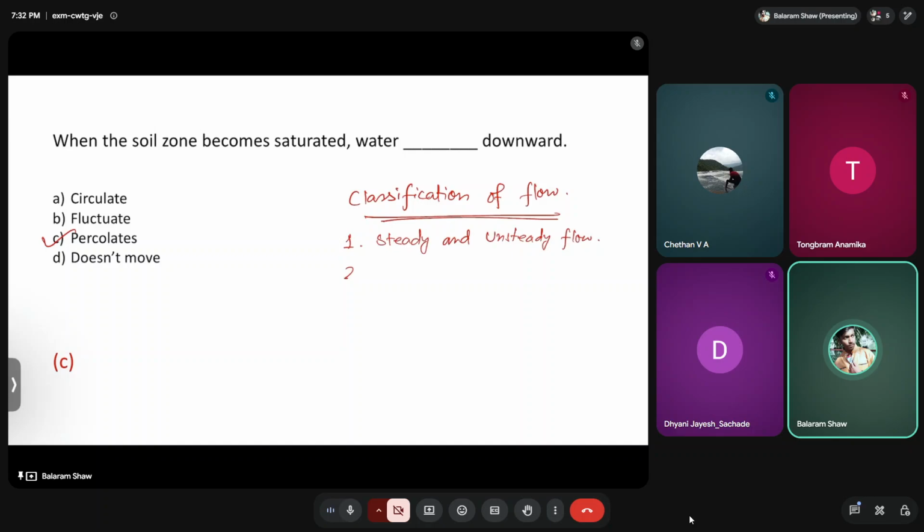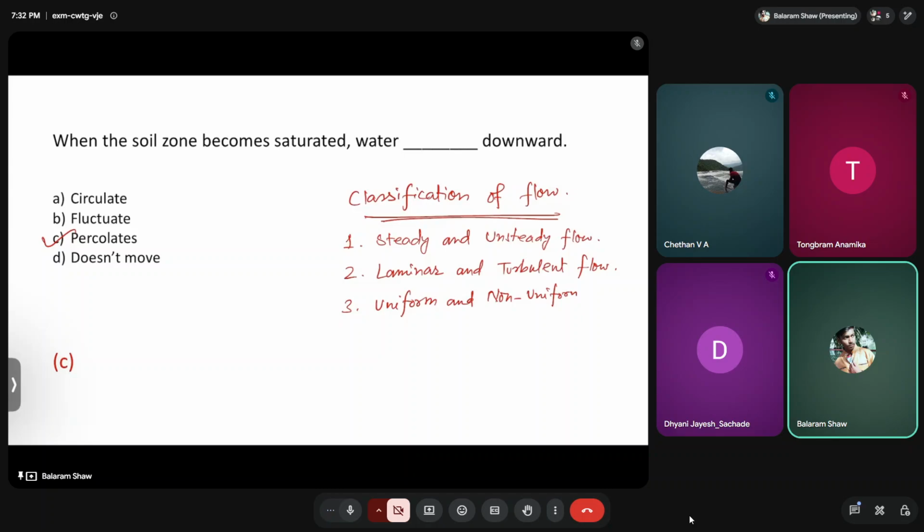Then we have uniform and non-uniform flow. We have compressible and incompressible flow, which depends on the density. Then we have one dimensional, two dimensional and three dimensional flow.